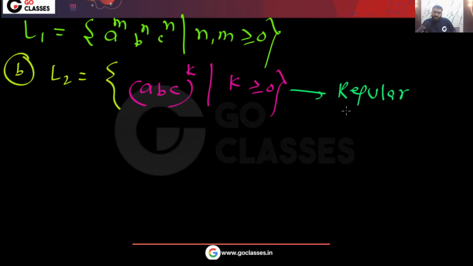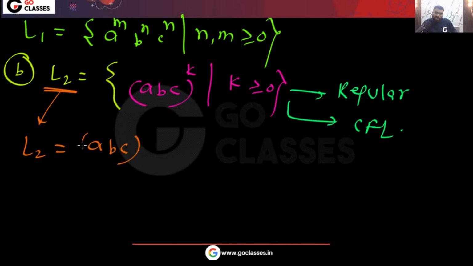Every regular language is CFL. So this is CFL also. What is this language? This is actually ABC whole star. Yes or no? Okay, ABC, ABC. Is this clear? This language L2 is actually regular.